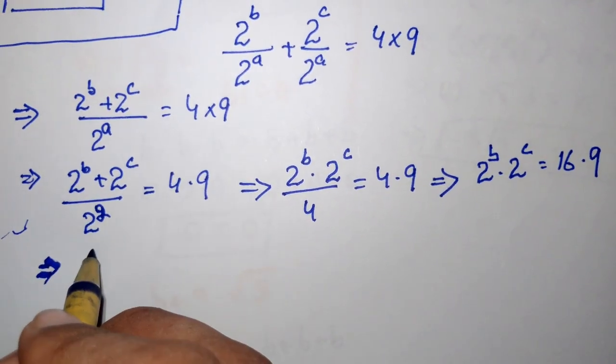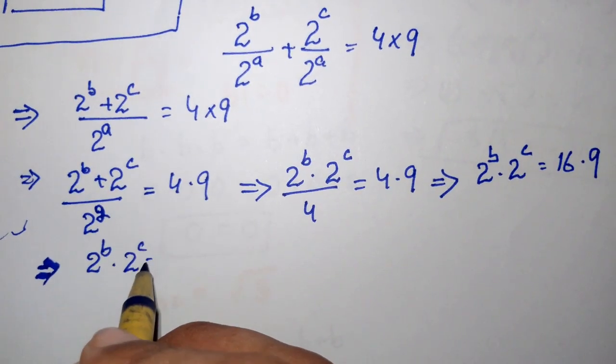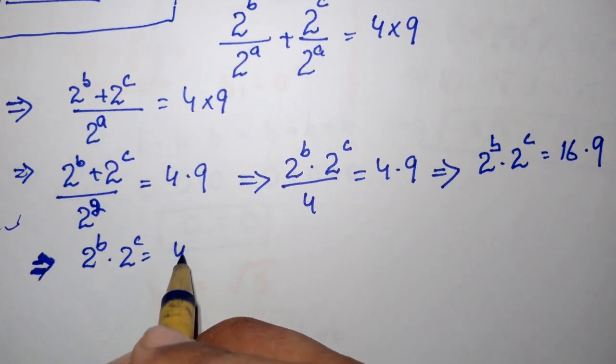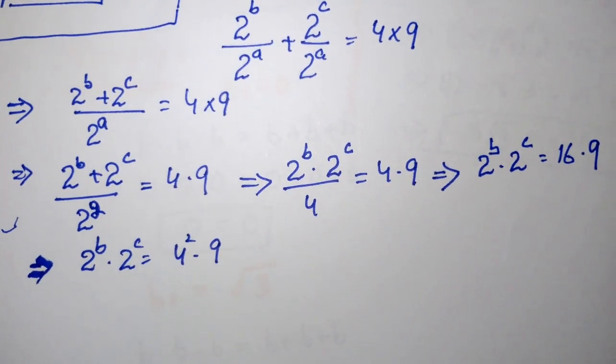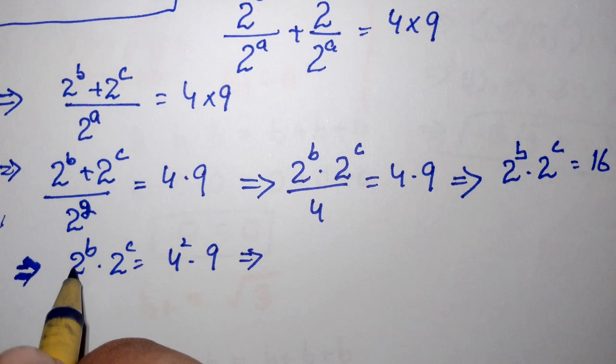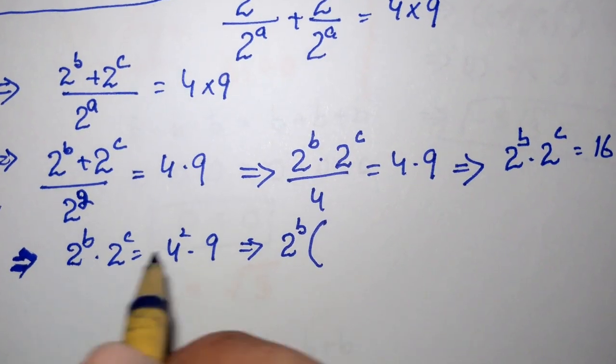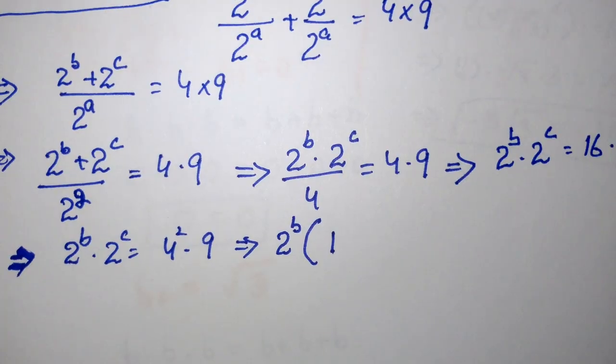2 to the power of b times 2 to the power of c is equal to 16 can be written as 4 to the power of 2 times 9. Now we have to take 2 to the power of b common, so this will become 2 to the power of b bracket 1.